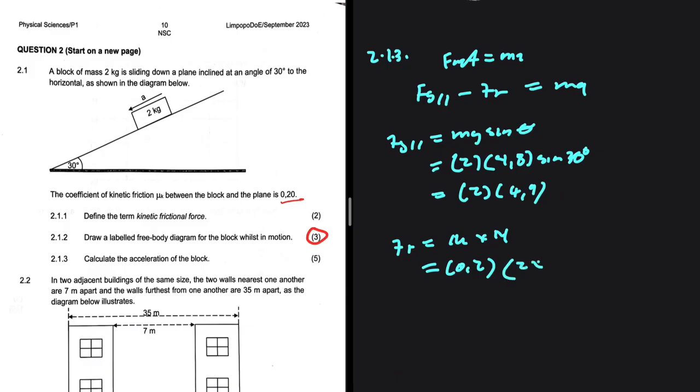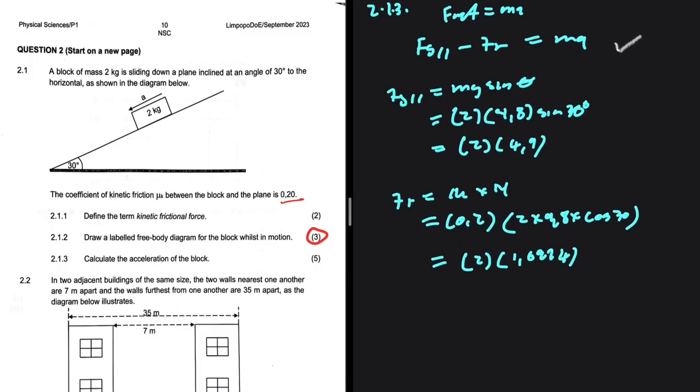So we have 2 multiplied by 9.8 multiplied by cos of 30 degrees. So our frictional force is equal to 2 multiplied by 1.6974. So now we can substitute back into our equation.